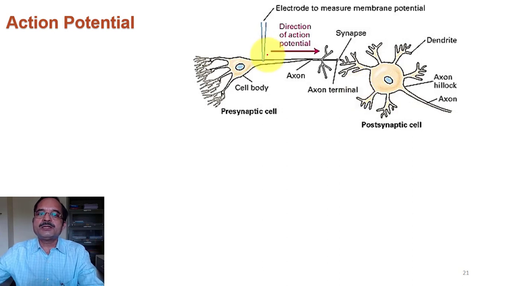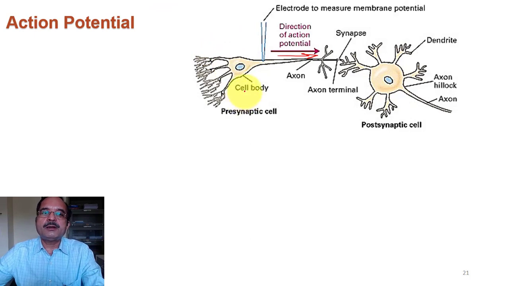This is how the action potential originates at the axon hillock of one neuron and propagates towards the other neuron.